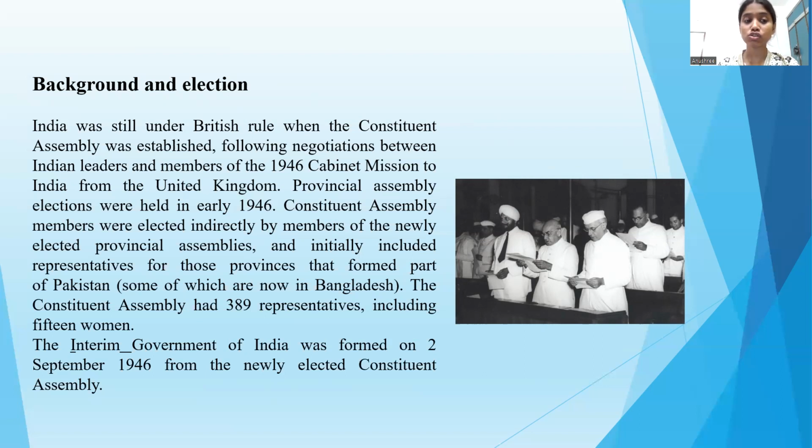Provincial Assembly elections were held in early 1946, but Constituent Assembly members were elected indirectly by the members of the newly elected provincial assemblies and initially included representatives for those provinces that formed a part of Pakistan, some of which are now in Bangladesh. The Constituent Assembly had 389 representatives, including 15 women. The Interim Government of India was formed on 2nd September 1946 from the newly elected Constituent Assembly.